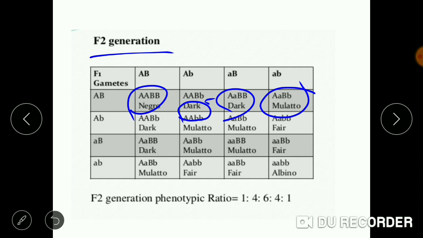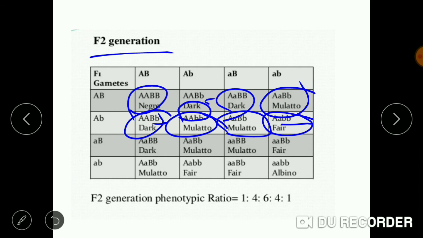Now again here only one recessive allele is there, so it will be a dark colored offspring. Both are in equal proportion, it will be a mulatto. Again this is the case of mulatto. When three of the alleles here are containing the recessive trait, as you all know, the recessive trait is that of the albino, the fairer one. So the offspring will also be fairer, will get the fairer complexion.